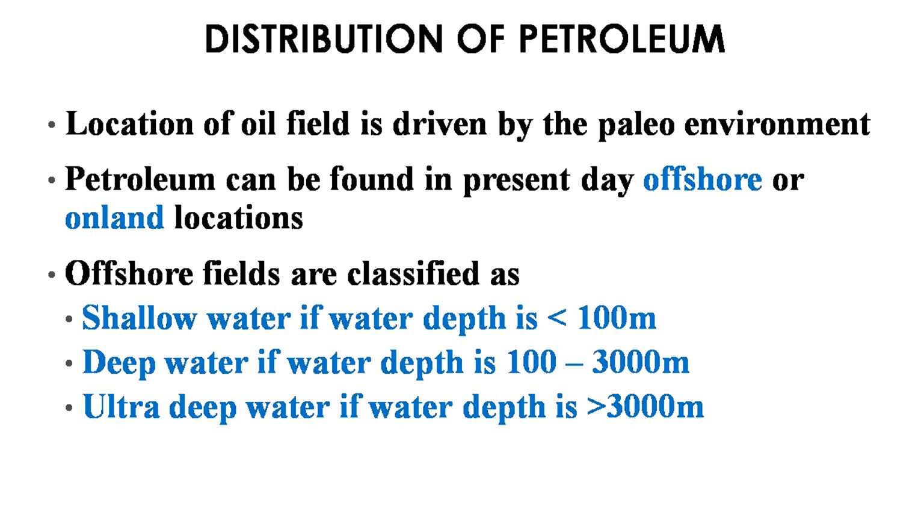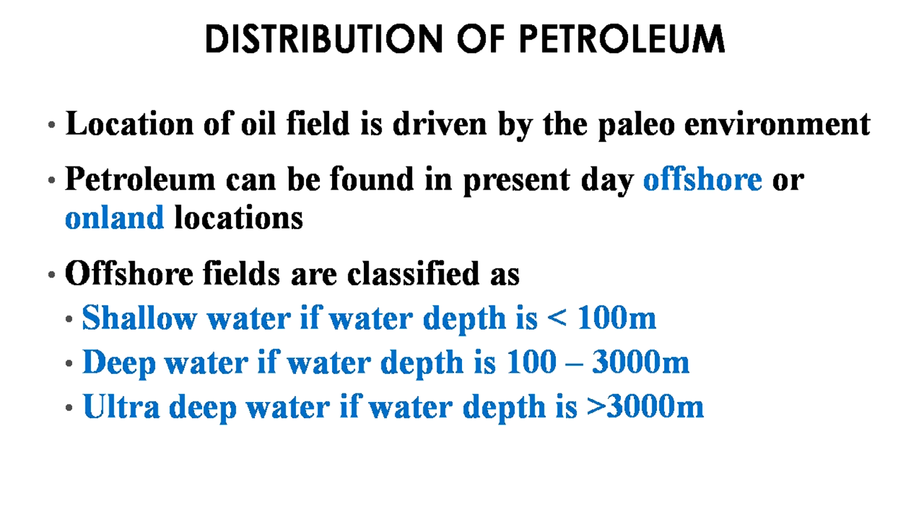Now, let us understand the distribution of petroleum. Now, location of oil field is driven by not where the field is located today, but where it was in terms of millions of years ago, that is the paleo environment. Now, in the present day, petroleum can be found either onshore, over the land, or within the ocean, which we call offshore.